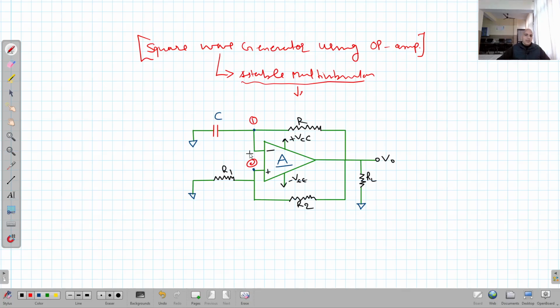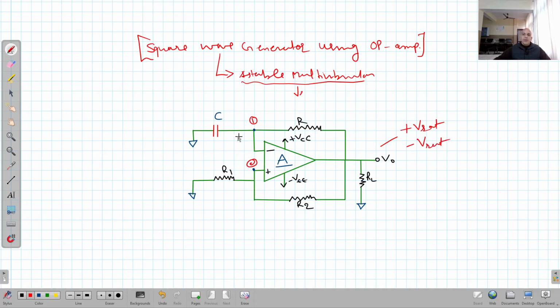So what will this circuit do? This circuit will every time compare the two inputs, the input appearing at point 1 and the input appearing at point 2, and it will generate output voltage according to that. The output voltage will be either in positive saturation, or in negative saturation.